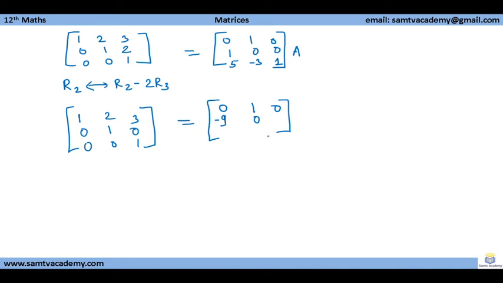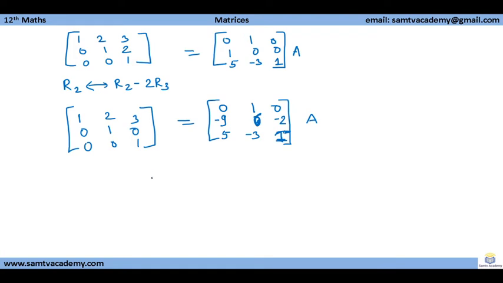Similarly 0 minus 2 times minus 3, so minus minus, it will become 6. Next 0 minus 2 times 1, so it is minus 2. Last row will be as it is, 5, minus 3 and 1. This is 1. So A.